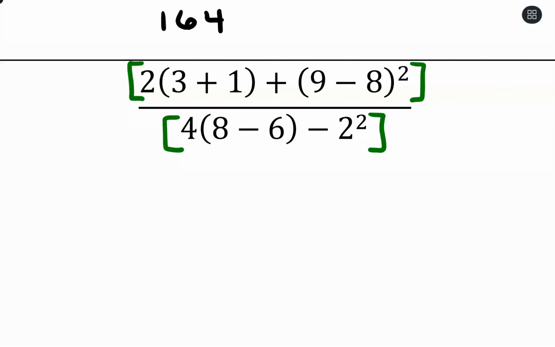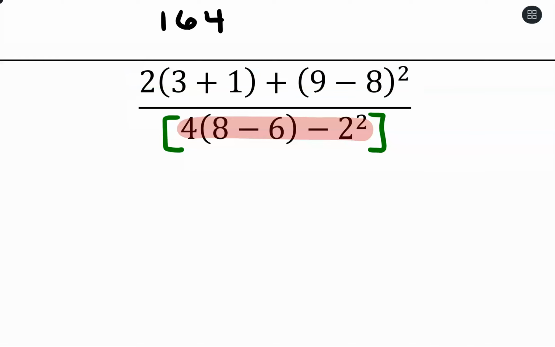Because what we're going to do is completely simplify the numerator, completely simplify the denominator, and then our last step will be to divide the two. So I know in terms of PEMDAS, division comes before addition, subtraction, but if we think of these as all contained within parentheses, we want to simplify those down, taking care of that addition, subtraction first, and we're leaving that division for the very end.